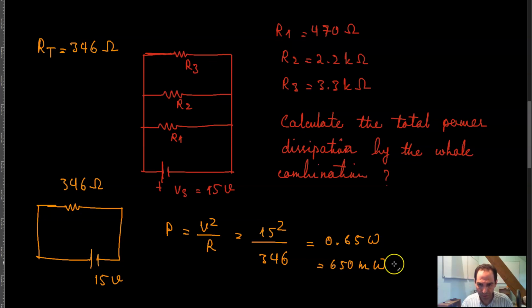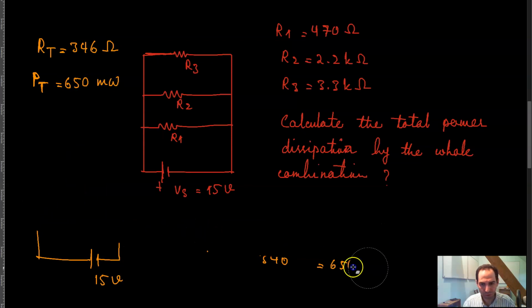That's 650 milliwatts. And if you're interested to calculate the power dissipation another way, let me write this down over here. So P of T in this circuit was 650 milliwatts, right?